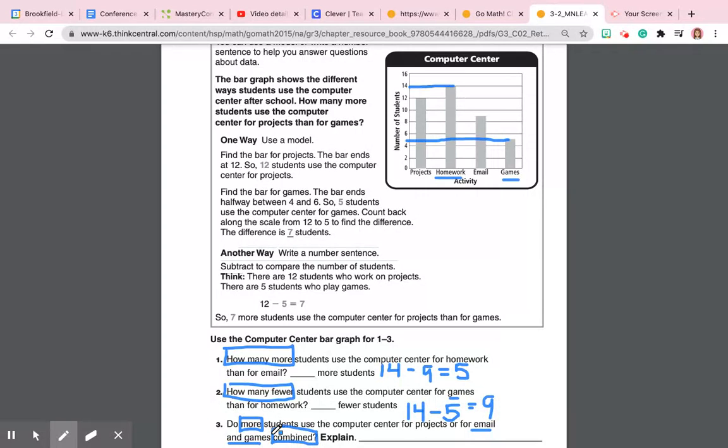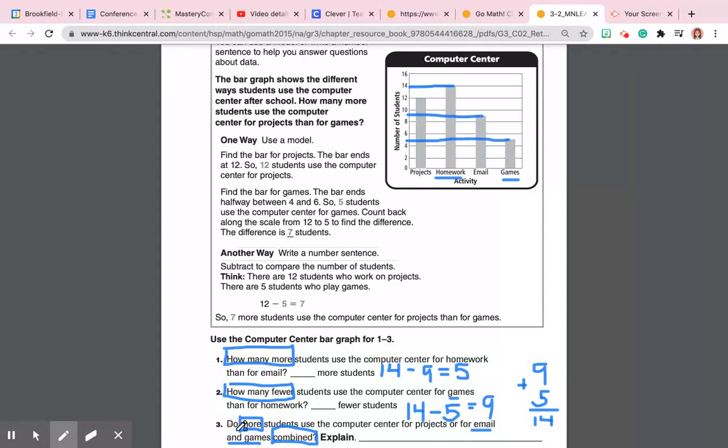So I need to subtract, but first I need to combine the number of students who use the computer center for email and games. So I'm going to look at email, I'm going to go over, and I get 9. So the first thing that I need to do is add 9 plus the number of games, which is 5. I know that that number is 14, because I did 2 subtraction equations over here with those numbers.